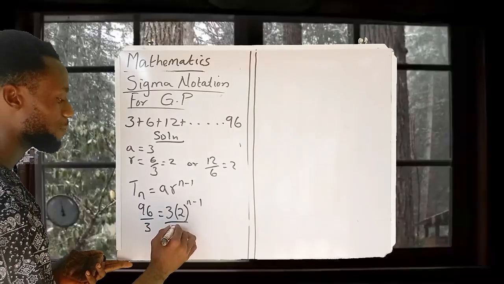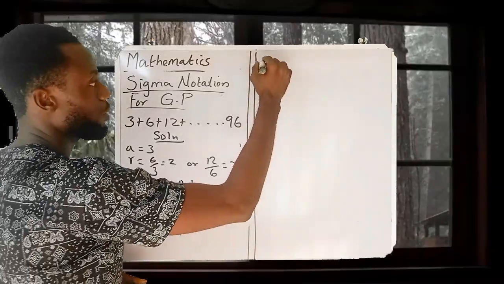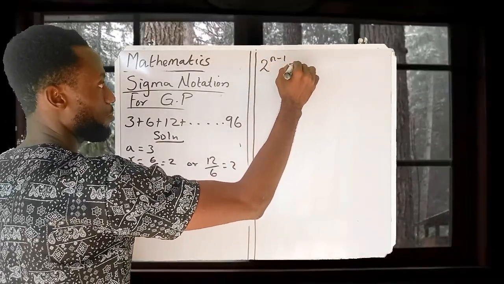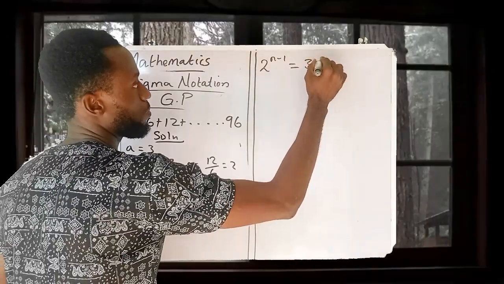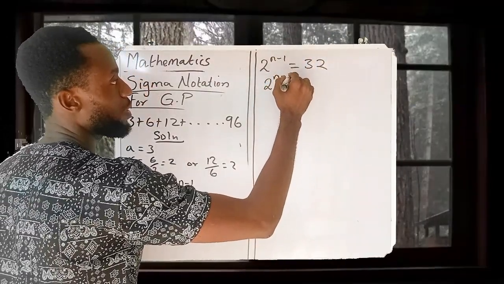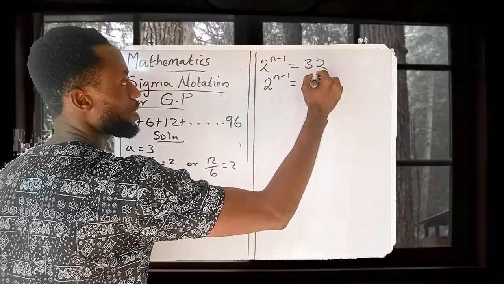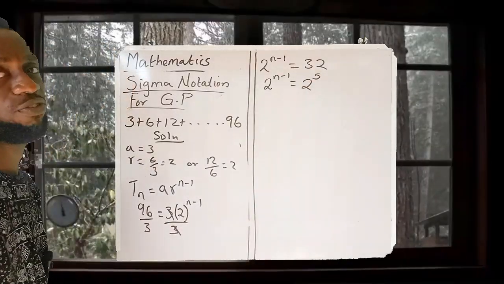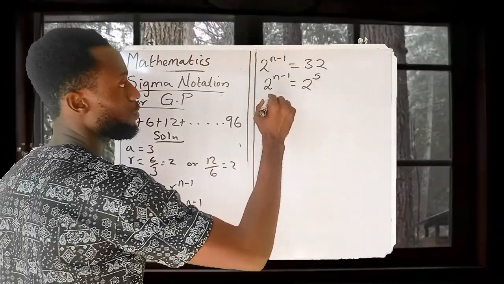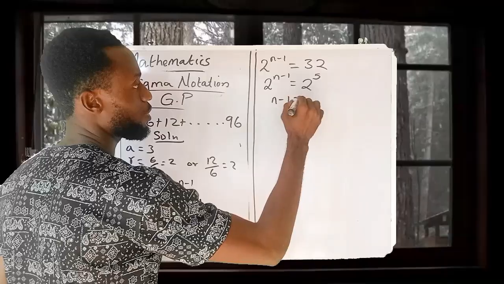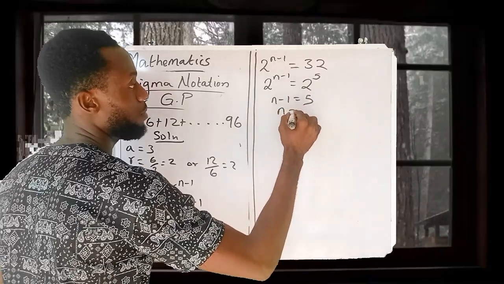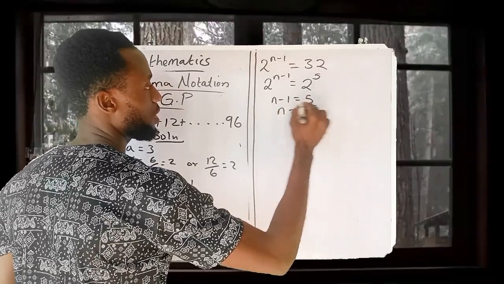When you divide by 3, our 2 raised to the power n minus 1 becomes equal to 32. So 2 raised to the power n minus 1 equals 32, which is the same thing as 2 raised to the power of 5. So at this stage, we now have that n minus 1 is equal to 5, meaning our n becomes 5 plus 1, which is 6.